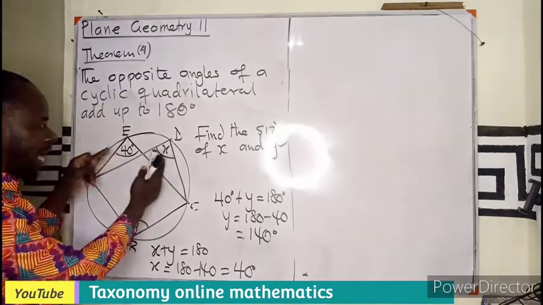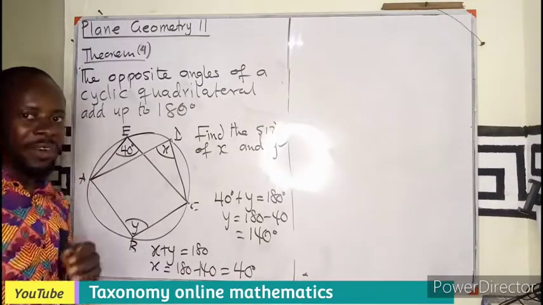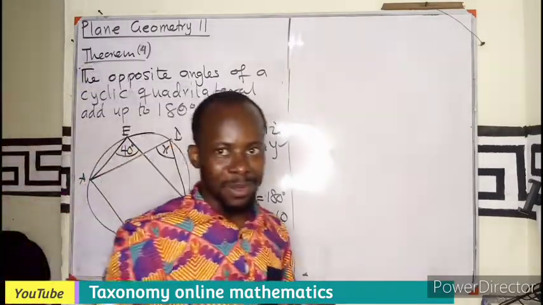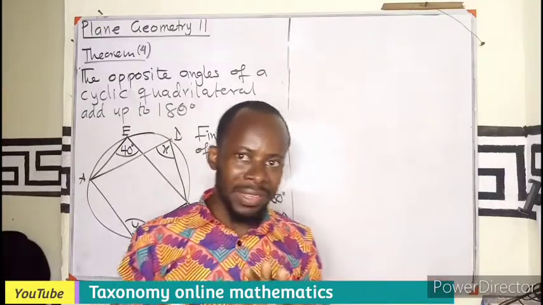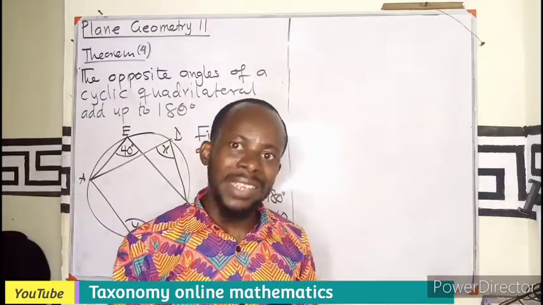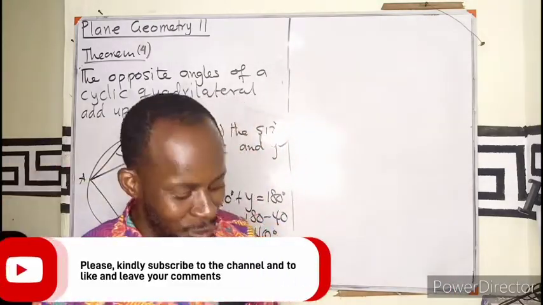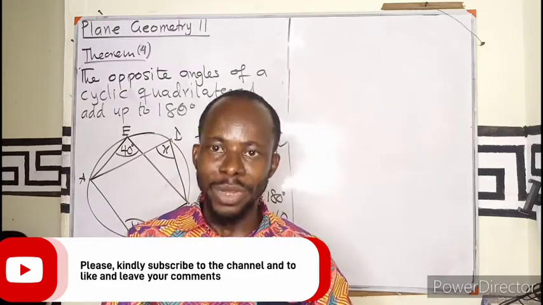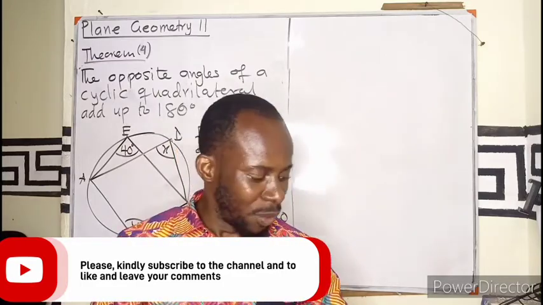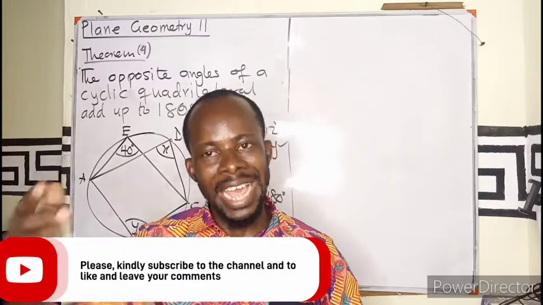Just by quoting the theorem, you can say x is equal to 40. You can see that breaking it down, theorem after theorem, makes it a bit simple and easy. So by just looking at the theorems, you should be able to find answers to plane geometry 2 questions. We will take theorem 5 in the next episode.